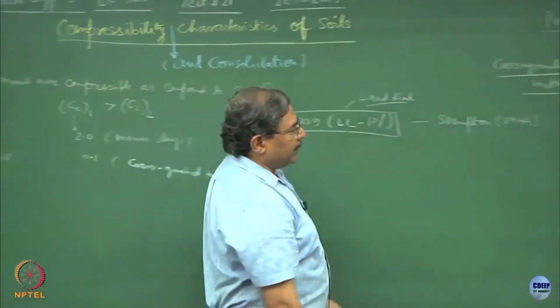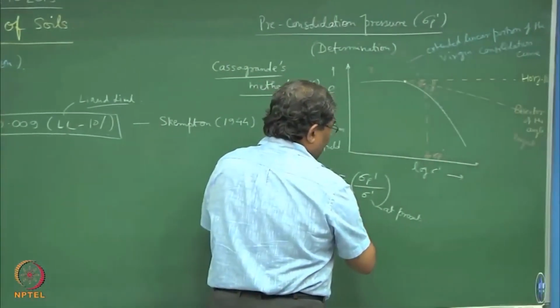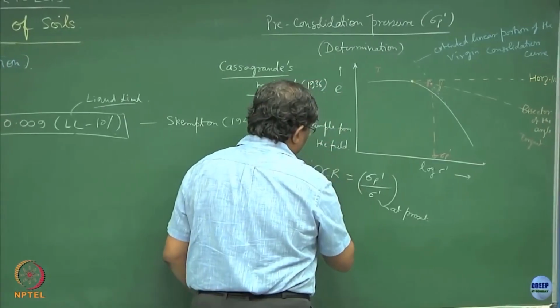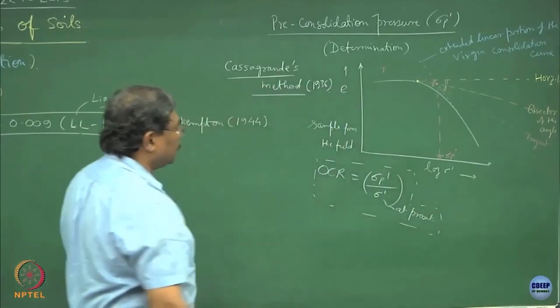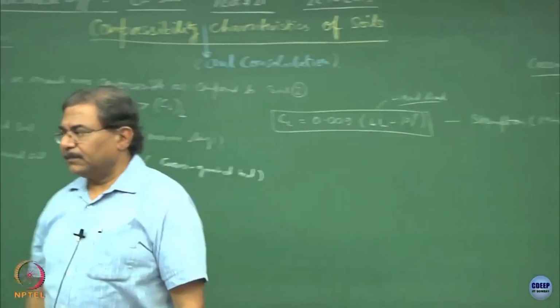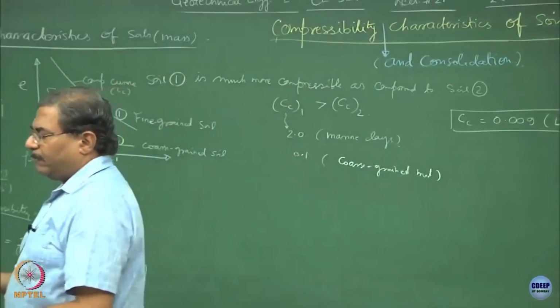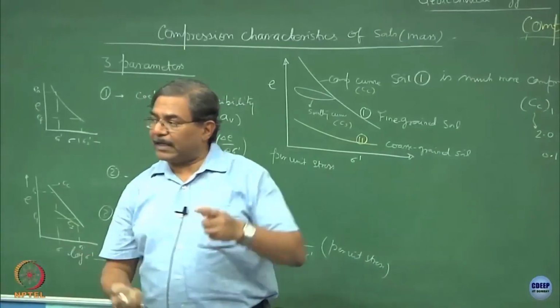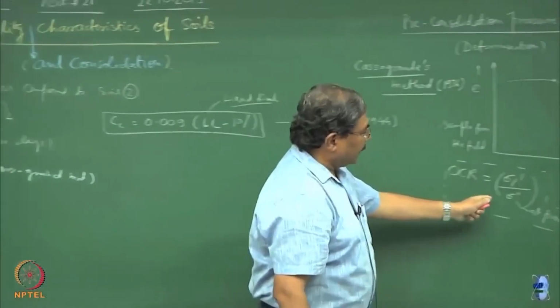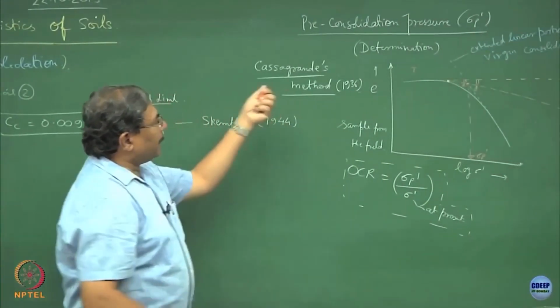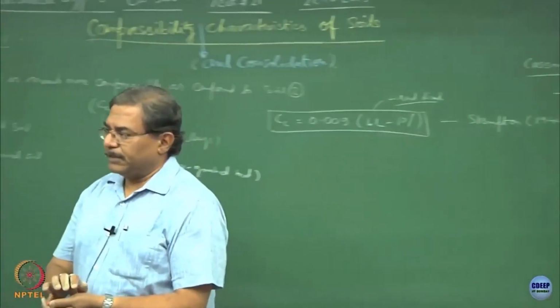So, you can define and obtain the OCR value like this. You can define both ways. The NC-OC behavior can be defined the way I defined earlier, and OCR can be obtained like this. So, this is the practical application of pre-consolidation pressure.